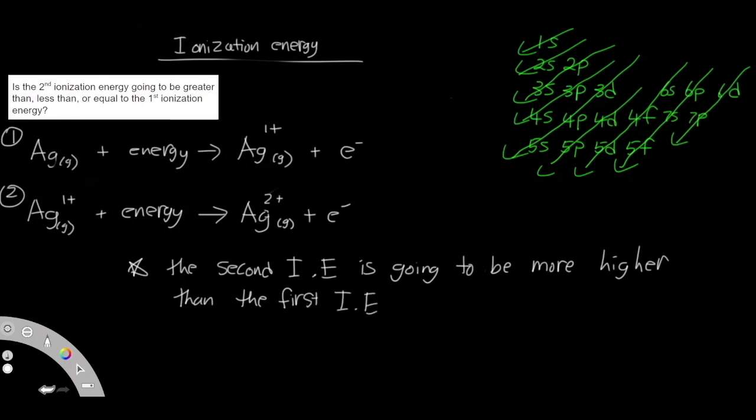All right? Why is this the case? Because you have less electrons now. Remember, the proton number does not change. So less electrons means that they're going to be attracted even better to the center of the nucleus.